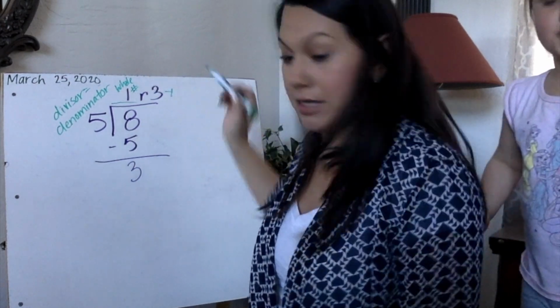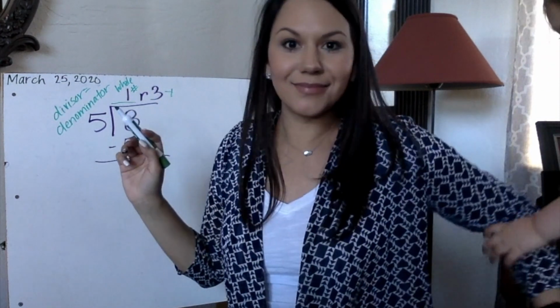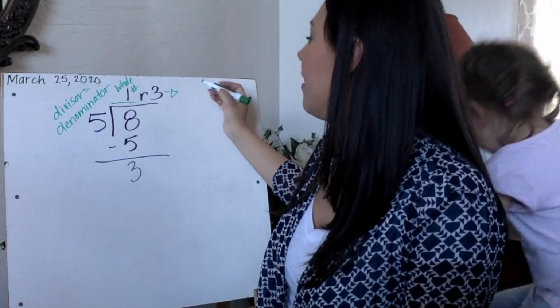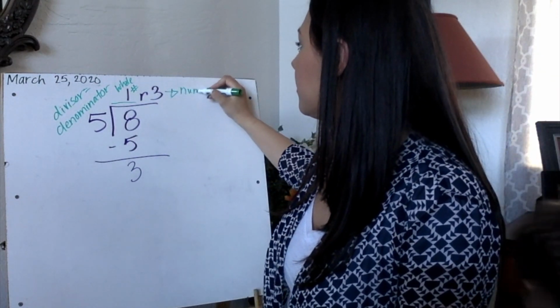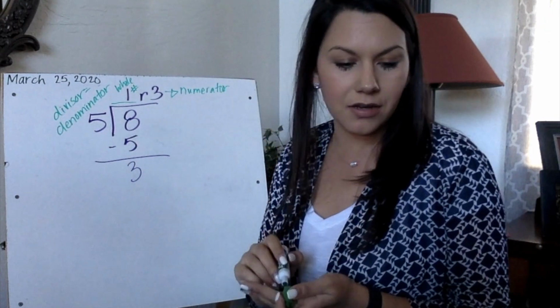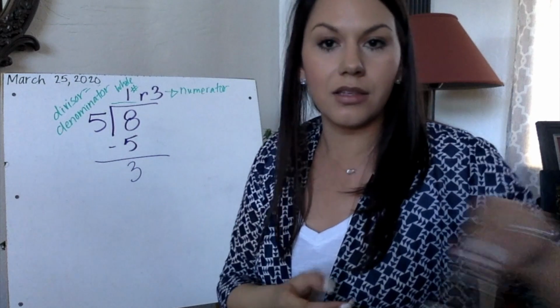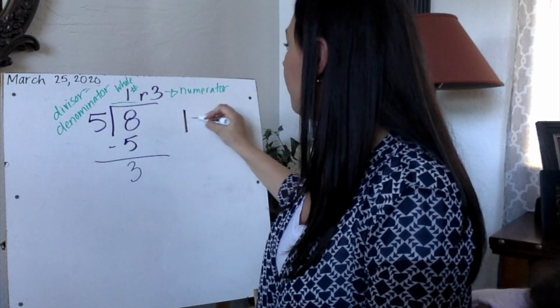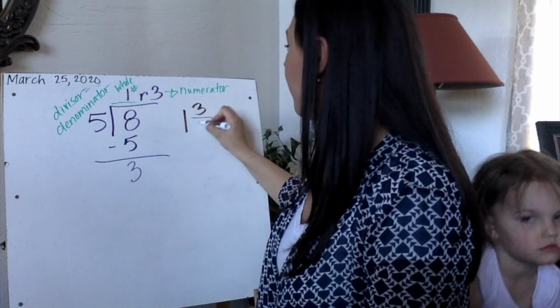My remainder is my numerator. So the fraction for this is going to be 1 whole and 3/5.